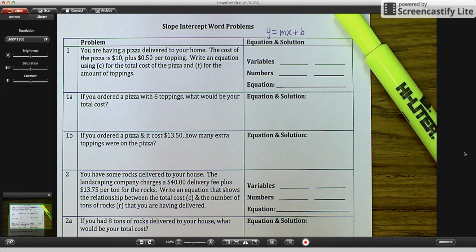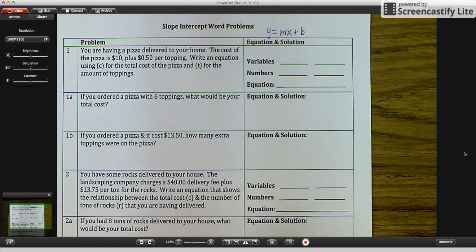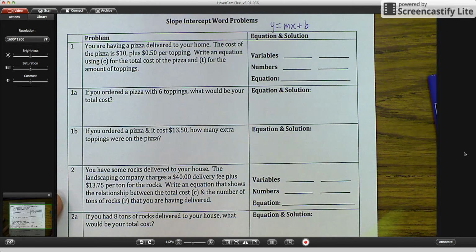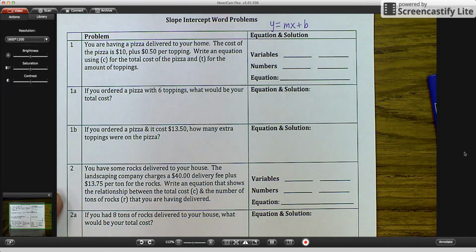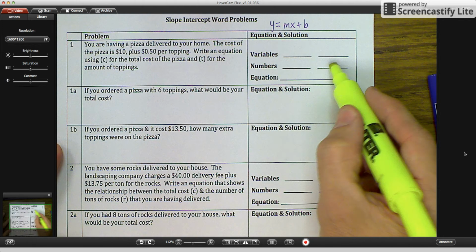So let's get started. It says, you are having a pizza delivered to your home. The cost of the pizza is $10 plus 50 cents per topping. Write an equation using C for the total cost of pizza and T for the amount of toppings. Over here it says variables, two lines, numbers, two lines, and then our equation.